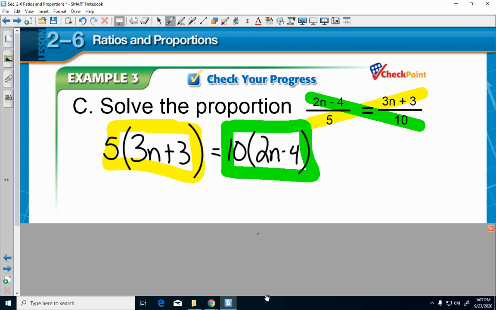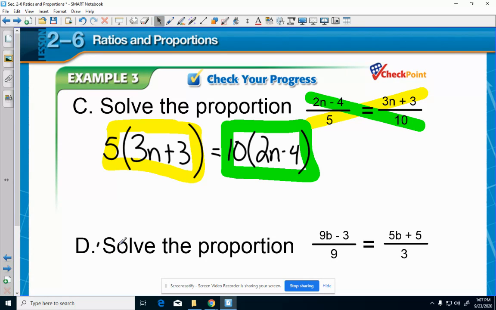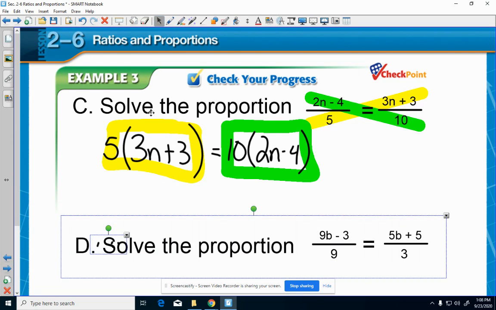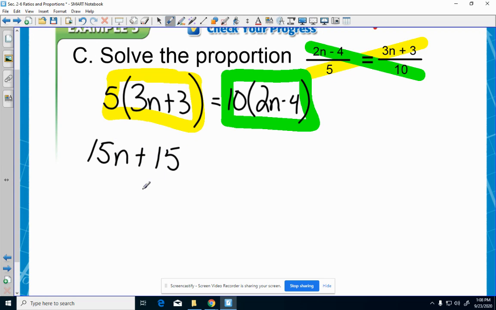So if you have not done so, you need to distribute. You make your distributions. You should have those two statements.